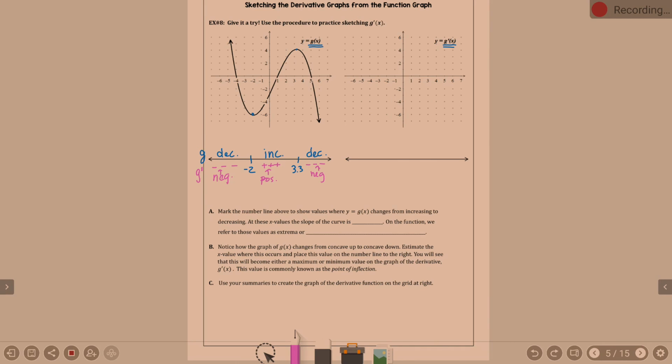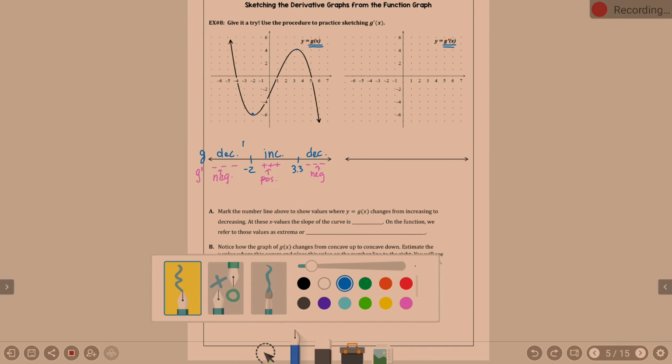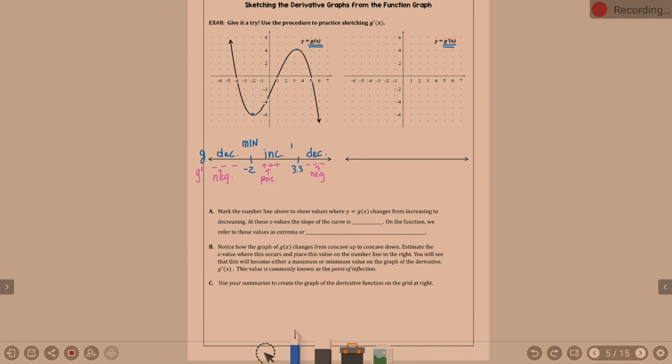I think so. Now, other pieces. What happened at -2? There's a minimum at -2 and a max at 3.3. Now, what about the slope at those points?